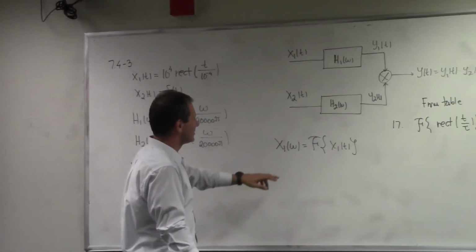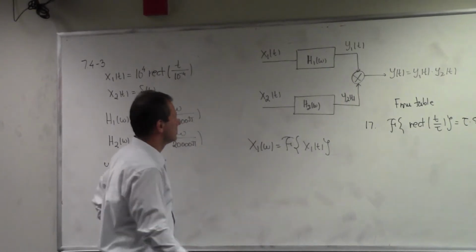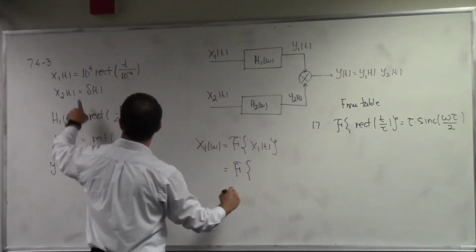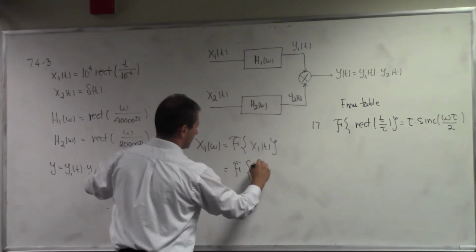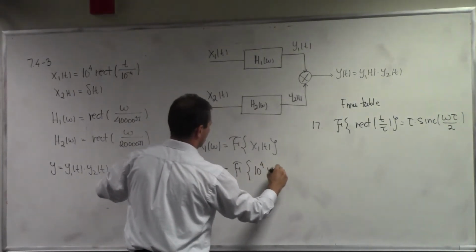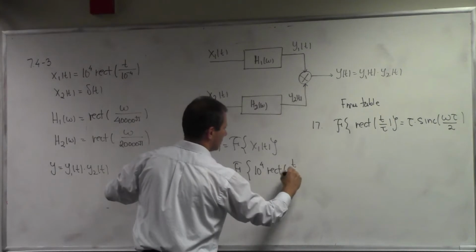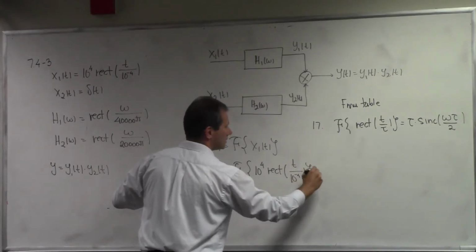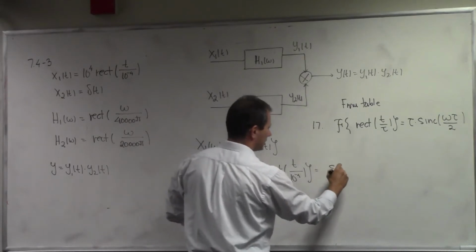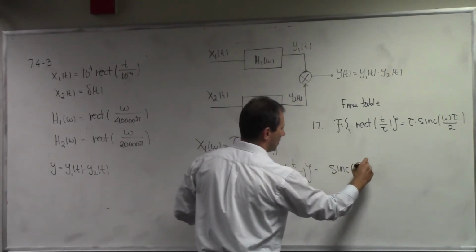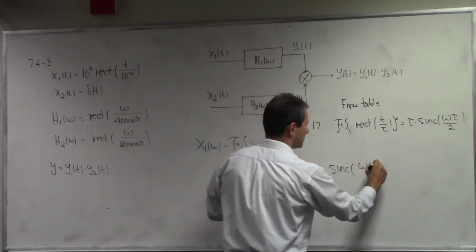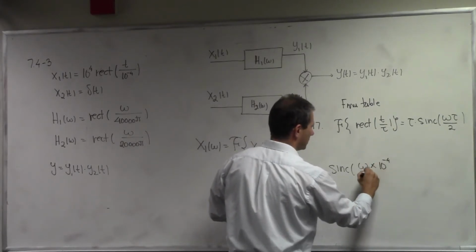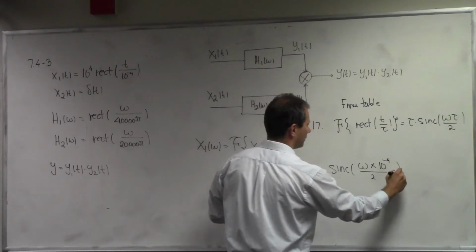Yeah, but it wasn't. So the Fourier transform of x1: I have here 10 to the 4 times rect of t over 10 to the minus 4, and this gives me essentially sinc of omega times tau, which is 10 to the minus 4 divided by 2.